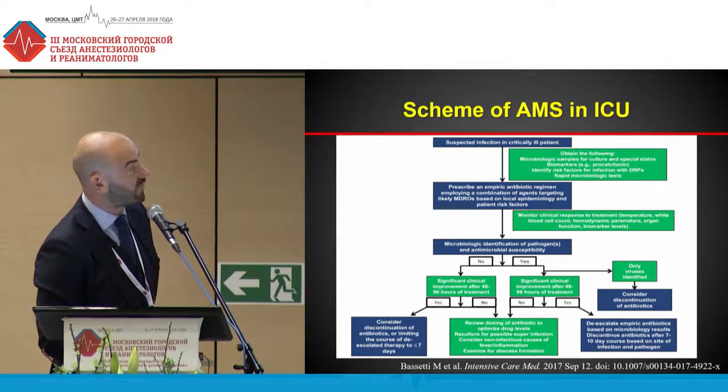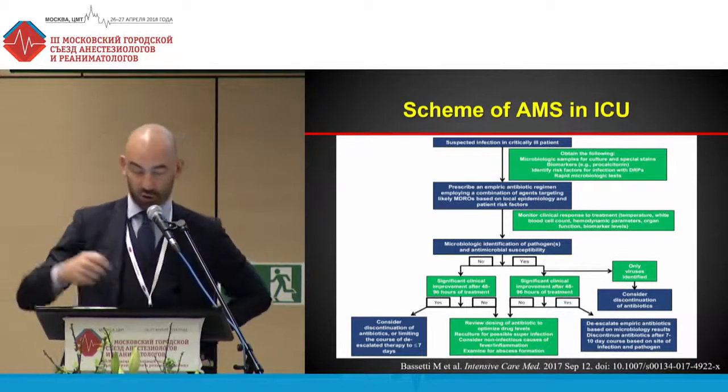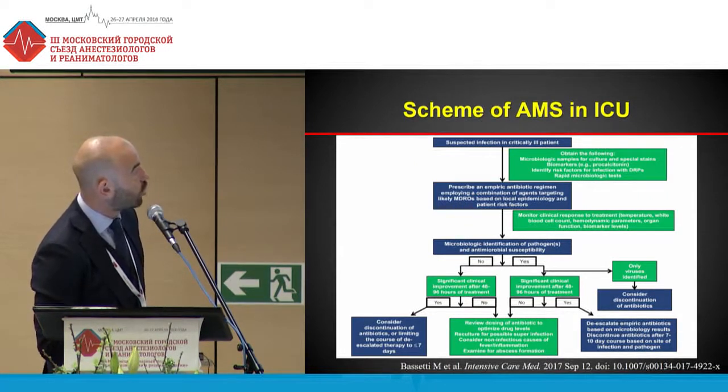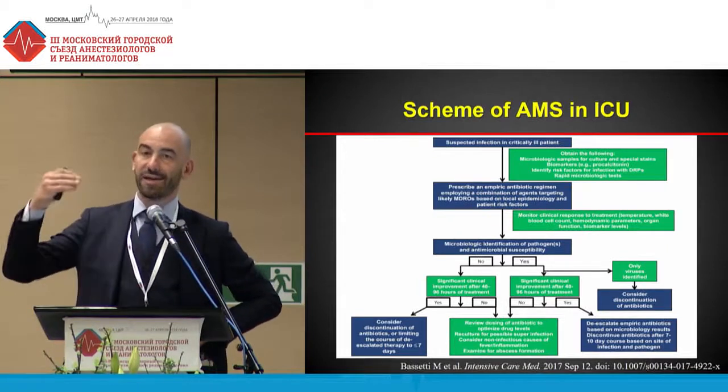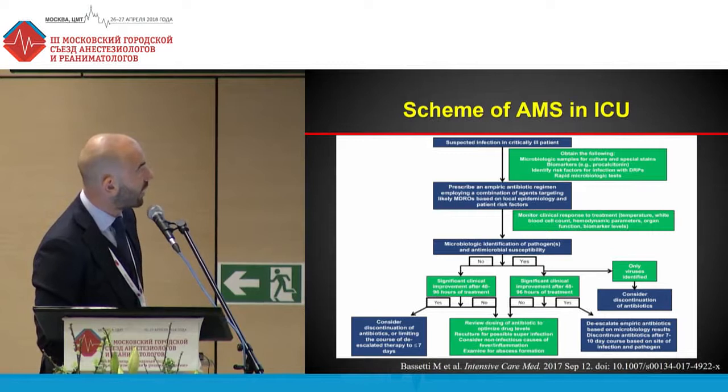If you don't have a significant improvement after 3 days, probably it's good to review the dose to optimize drug level, reculture for possible superinfection, or also consider non-infectious causes of fever and inflammation, or examine for abscess formation.